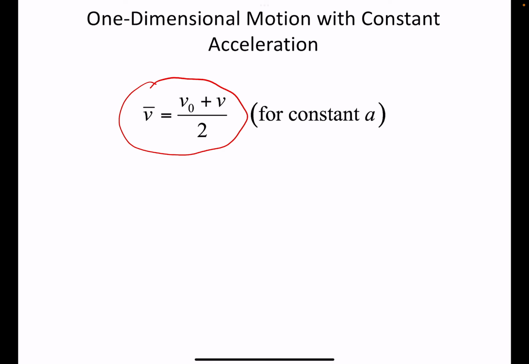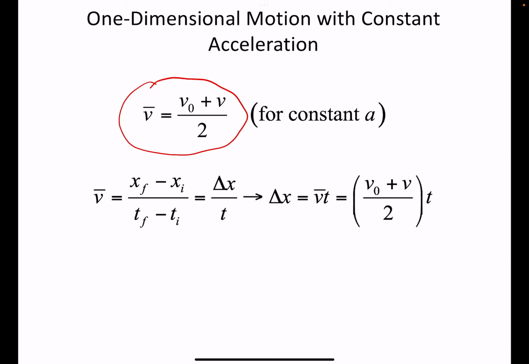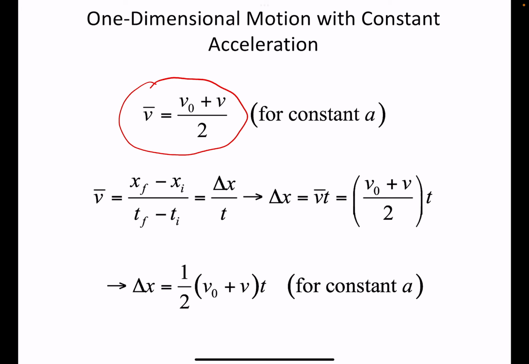Let's combine this result with our definition of average velocity and set the initial time to be 0 and the final time to be t. Set displacement equal to delta x. Our result is the expression for displacement, which can be rearranged to give us the kinematic equation as shown.